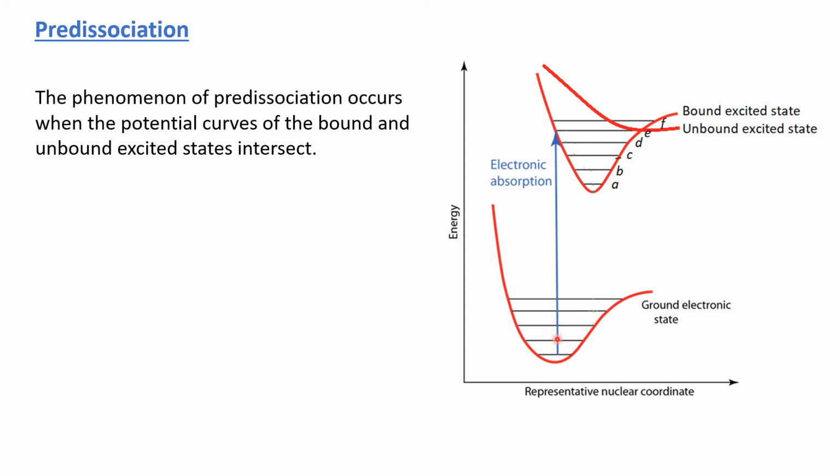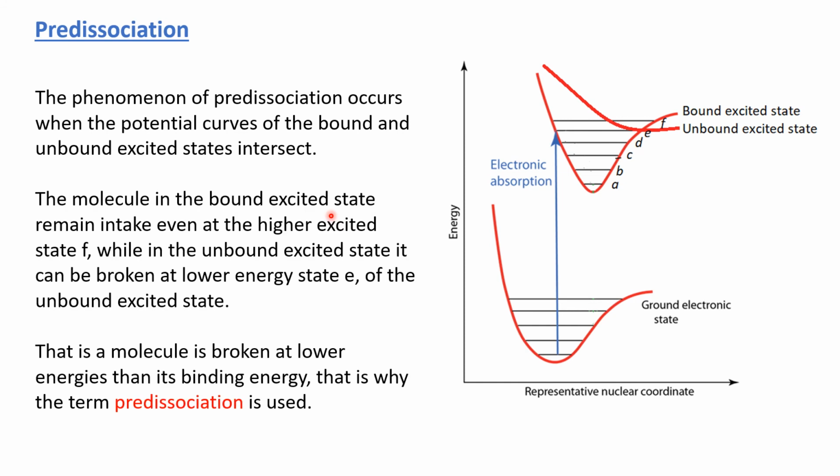And when there is a transition from the ground state to one of the energy states of the bound state, there is a possibility that the molecule shifts from the bound state to the unbound state even at the lower energy. So that is why this is known as pre-dissociation.